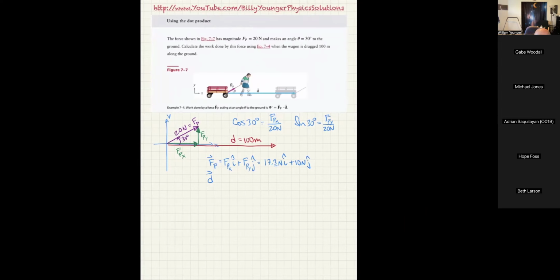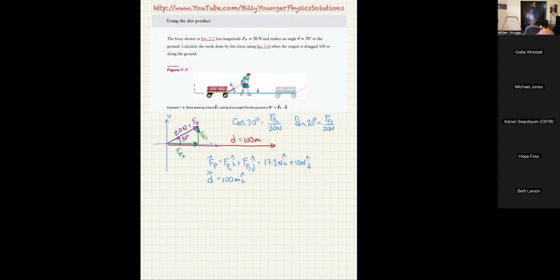All right, so now the D vector actually points to the right, horizontally in the positive x-axis direction. So this is going to be 100 meters times i hat.